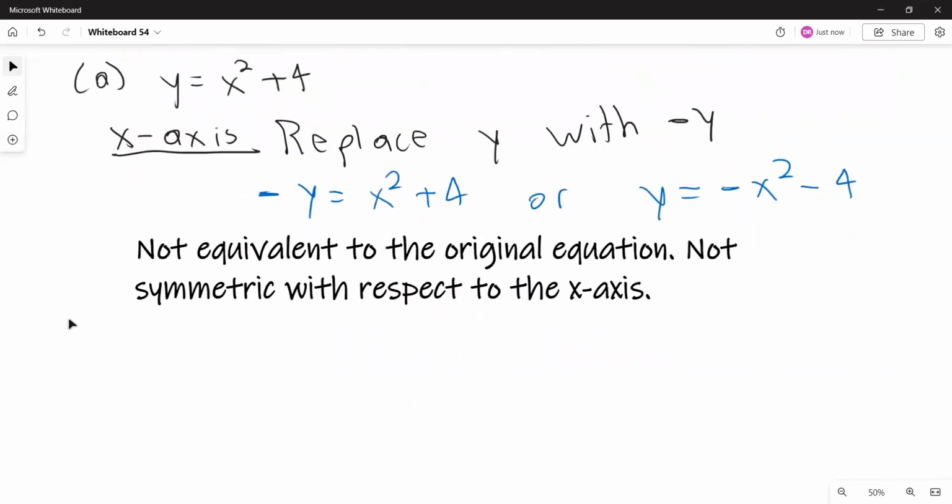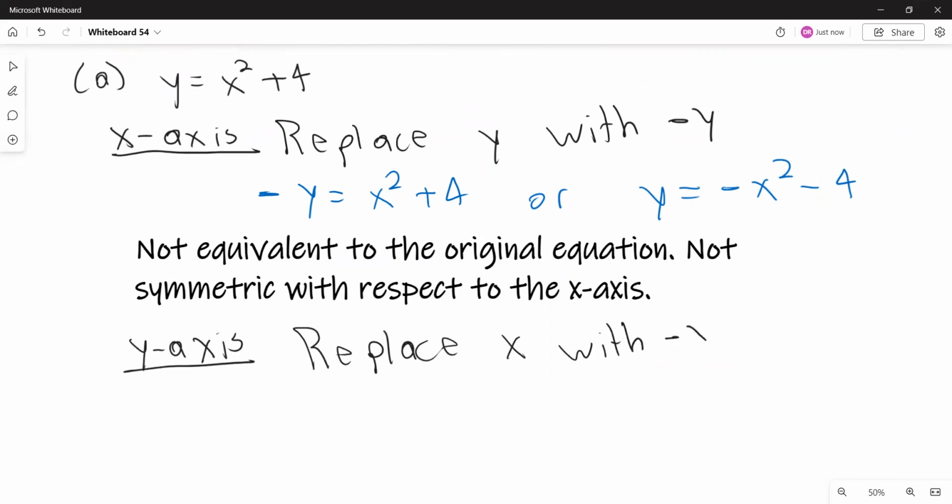Okay, so now let's test for symmetry with respect to the y-axis. We are going to replace x with -x. So y, replace x with -x. That's going to be (-x) squared plus 4. But -x raised to the second power is going to be again x squared.